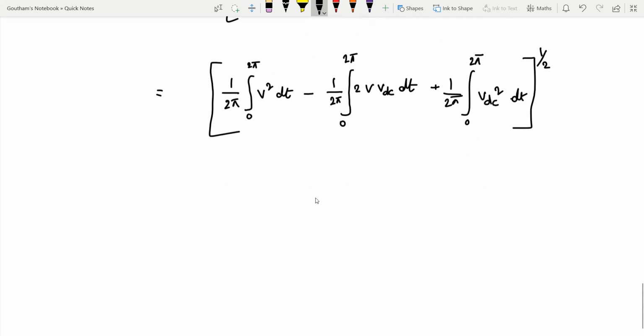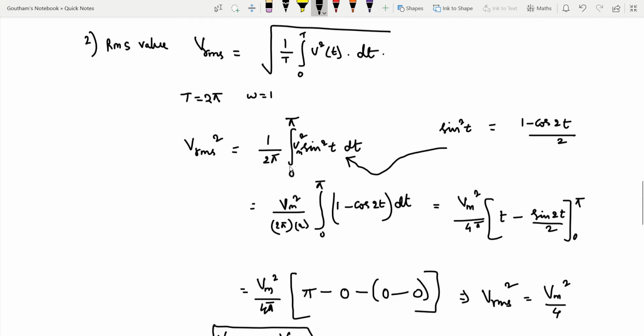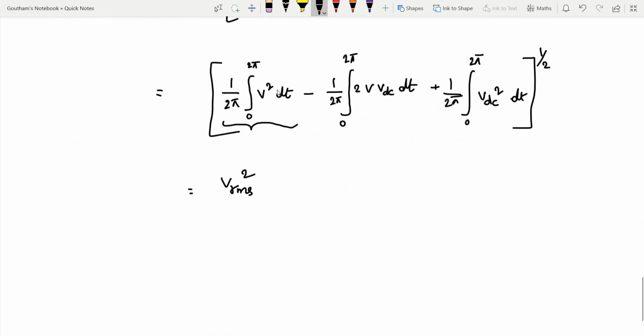From the definition, the first term is nothing but VRMS square. We have seen earlier that VRMS square is 1 by T integral 0 to T V square dt. This is of the same form, so that is why it is VRMS square.